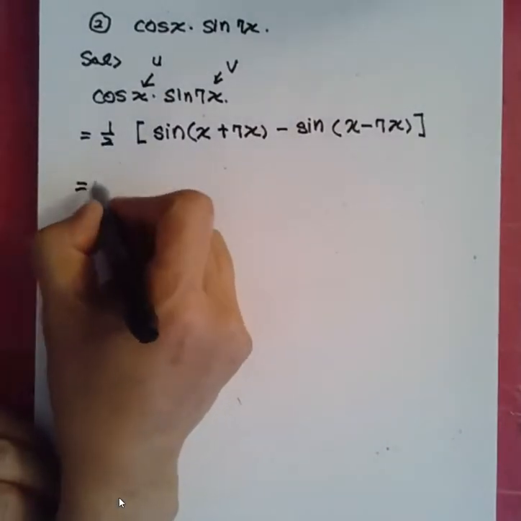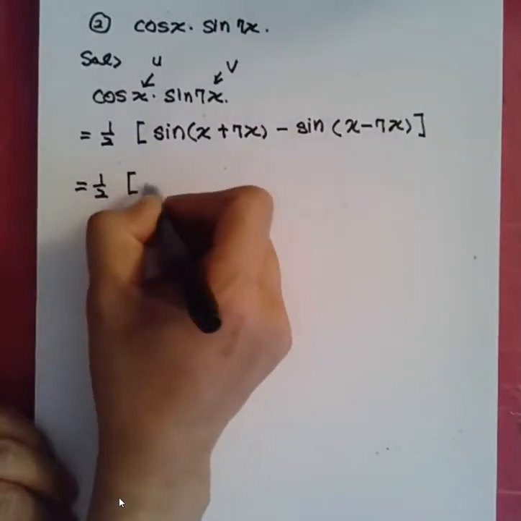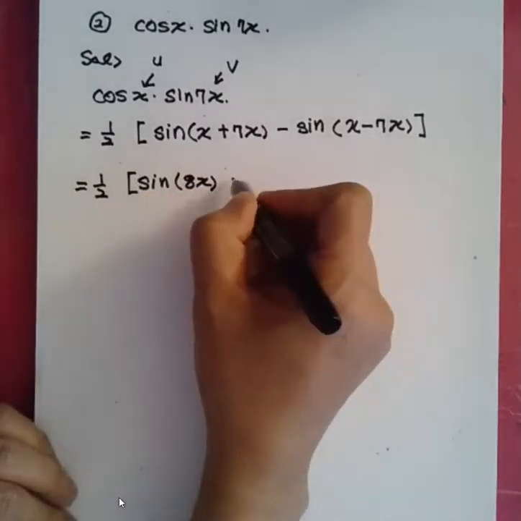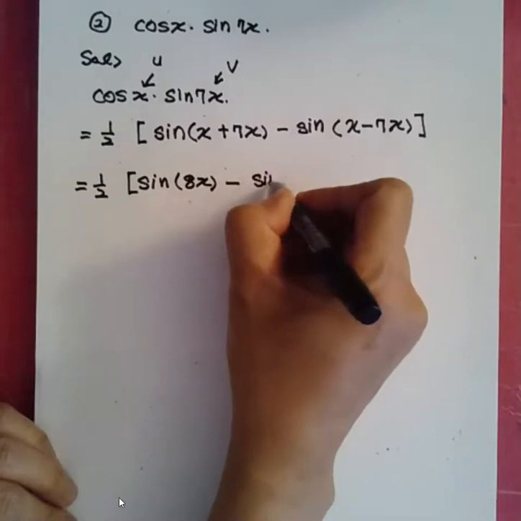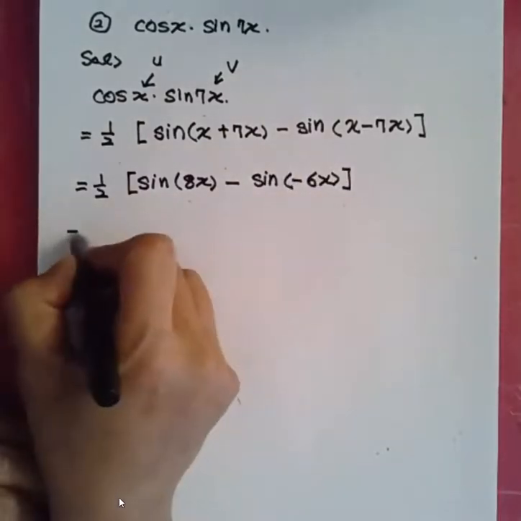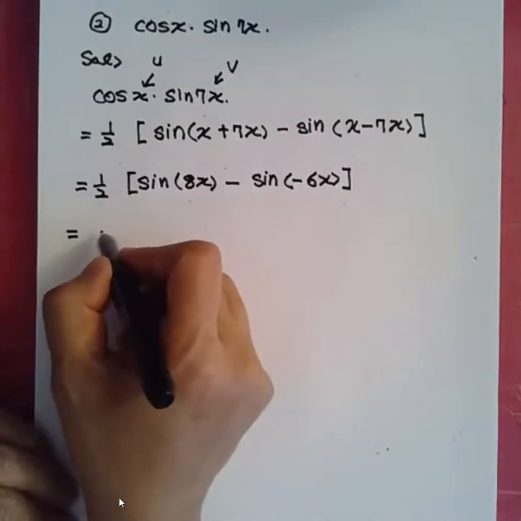So that is 1 over 2 times sine of 8x minus sine of minus 6x. We will use the odd function property again.